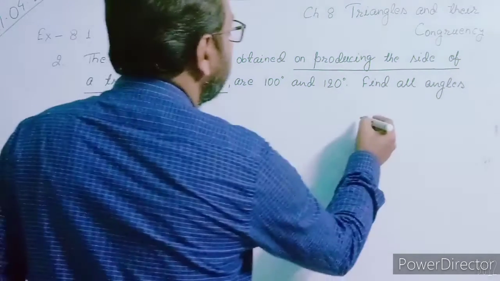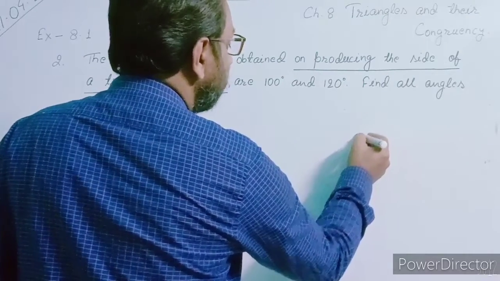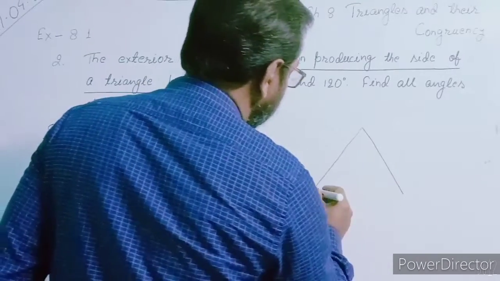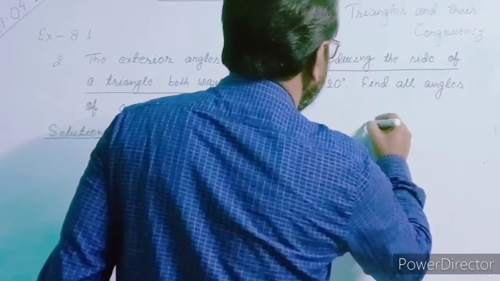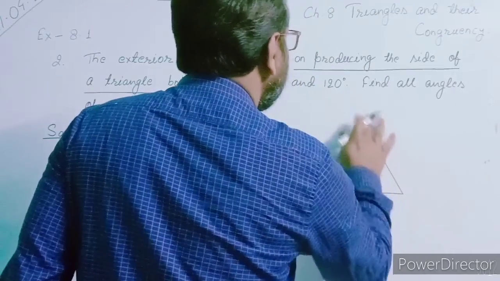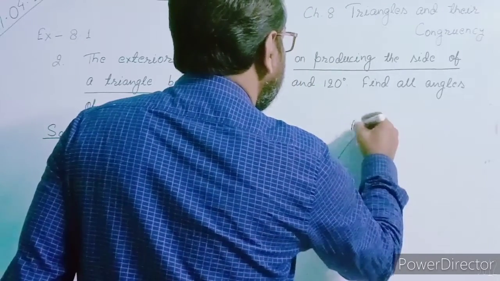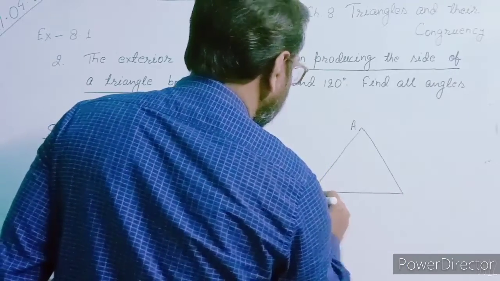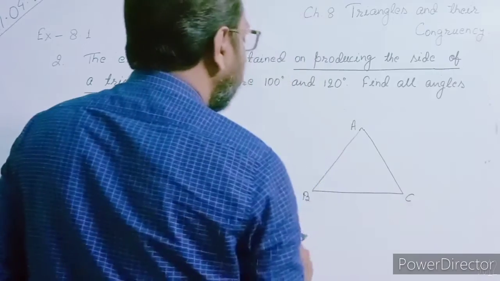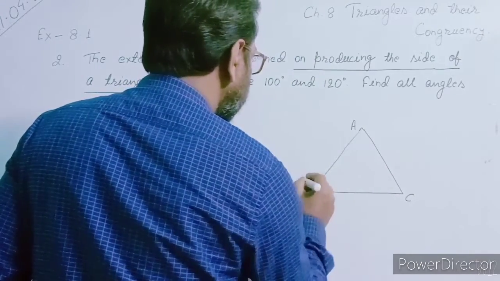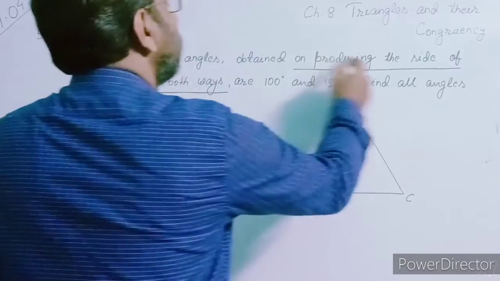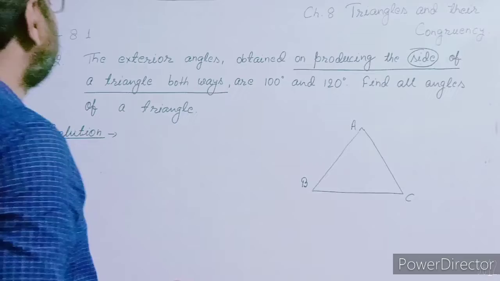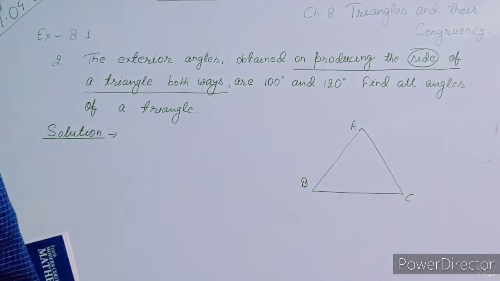For that, we consider a triangle ABC. Let us consider there is a triangle ABC, with vertices A, B and C. As it is given in the question, the side of the triangle is produced both ways.